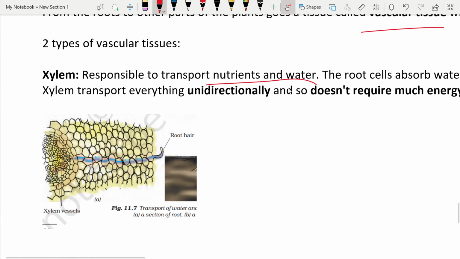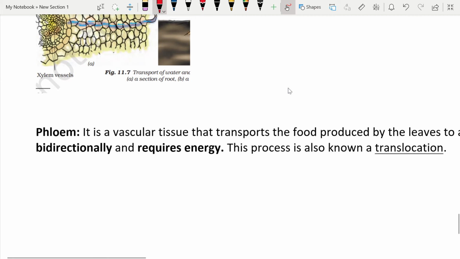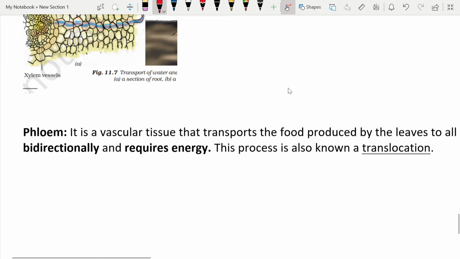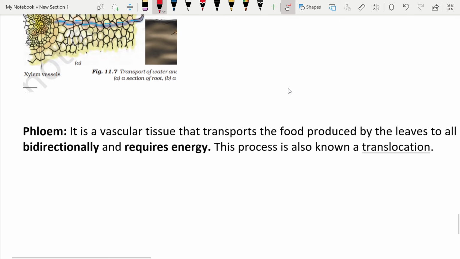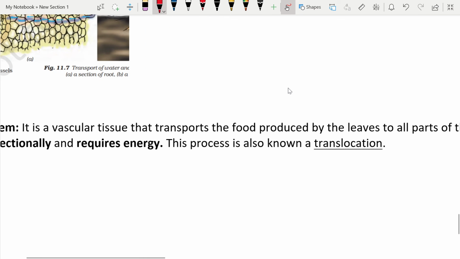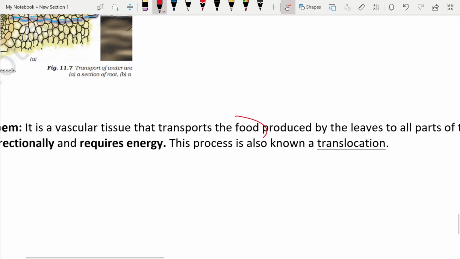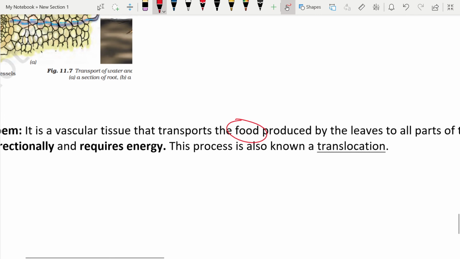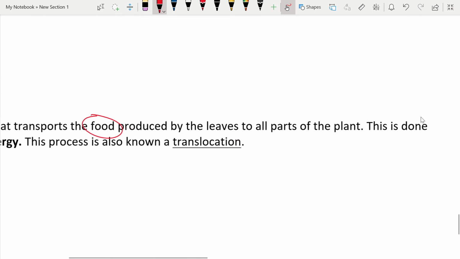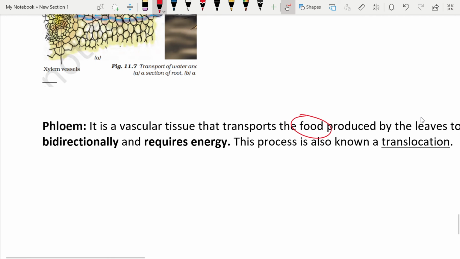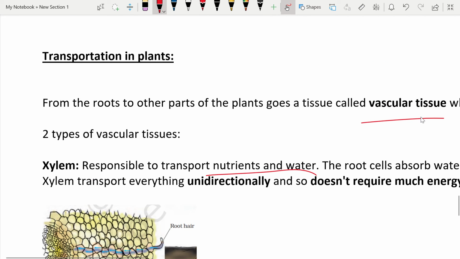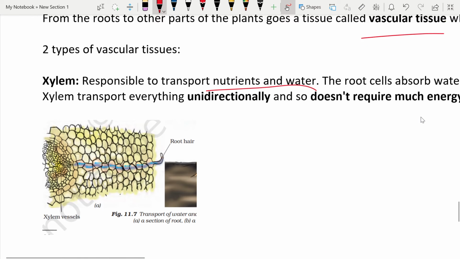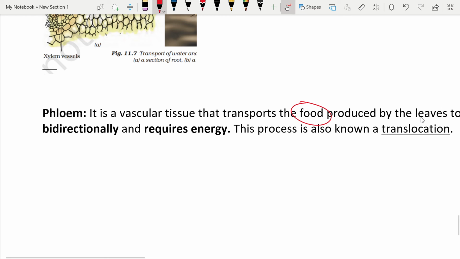That's xylem. Now, we have got phloem. It is the vascular tissue that transports the food produced by the leaves to all parts of the plant. This is done bidirectionally and requires energy. So in the last one it said that it gets nutrients and water, but this one transports food.